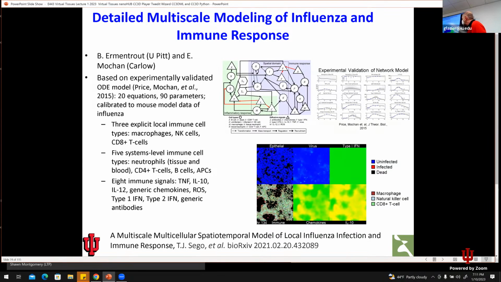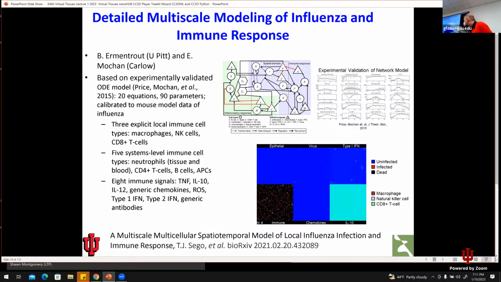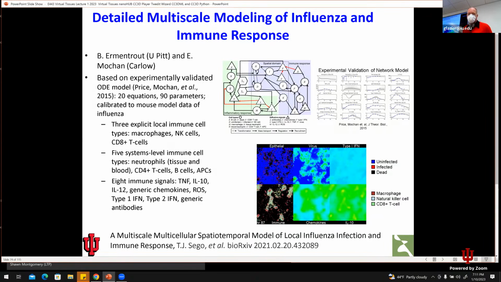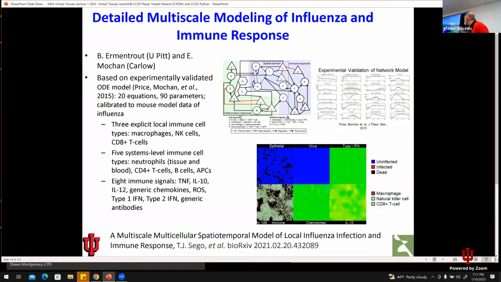And we were able then to translate that into a spatial model of what happens in your lungs when you have a flu infection. So here again, you're seeing that initial infection, the virus will spread here. Type 1 interferons are the first stage of response to infection. Those happen very early in the first few hours after infection.